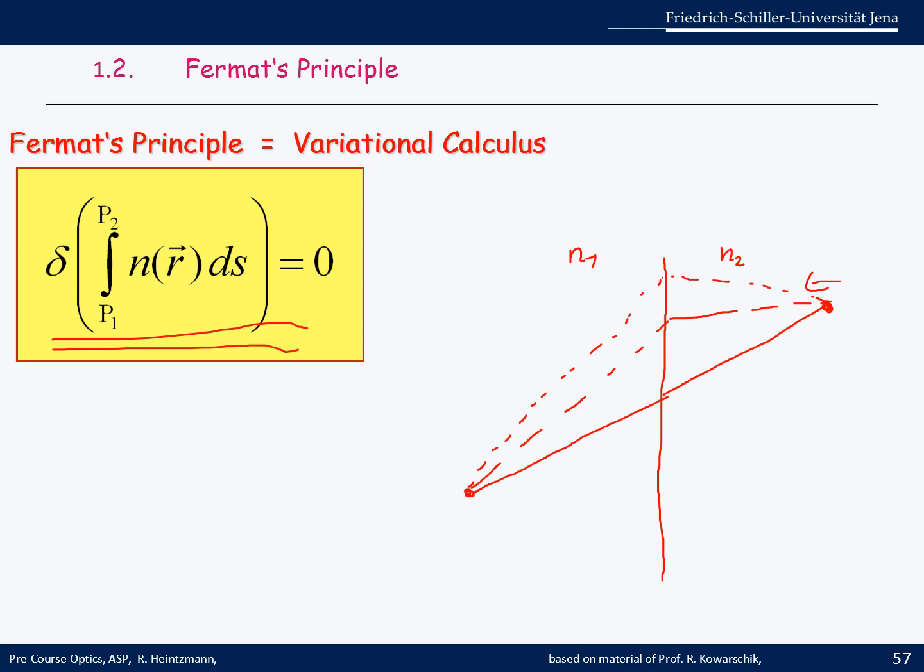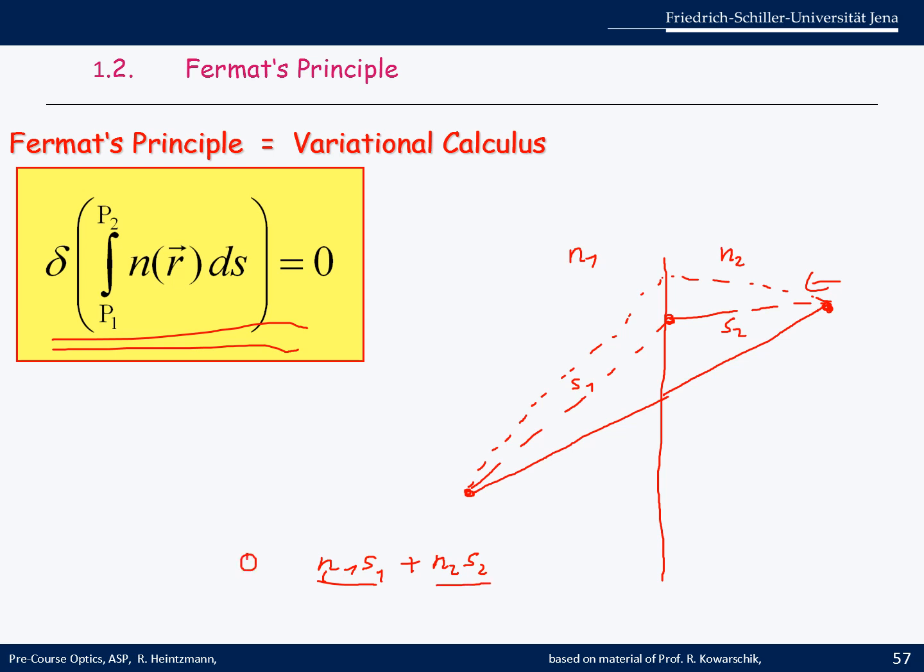Of course, the answer is it would take the one that minimizes this integral here. That means we have to calculate the distance to a particular point here, so that would be distance S1 and distance S2. We would calculate the optical path as refractive index N1 times S1 plus refractive index N2 times S2.